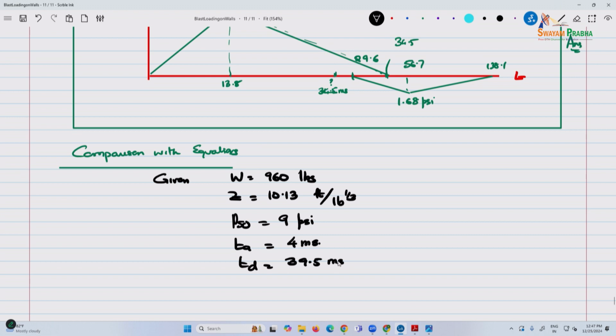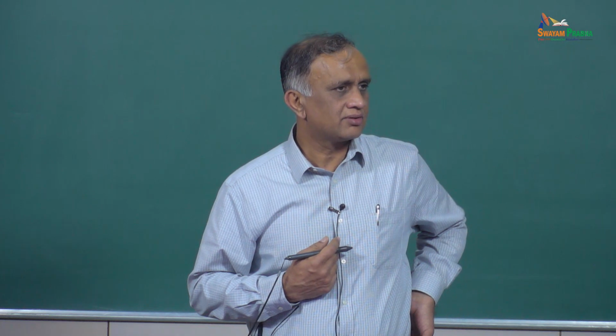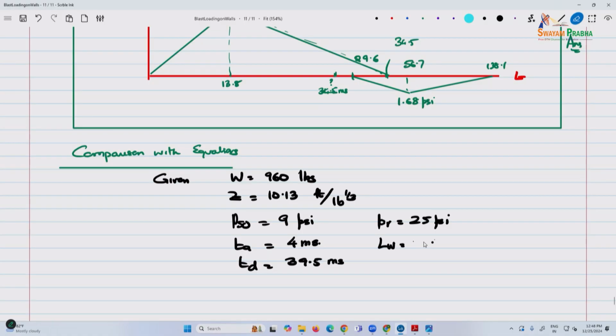Then PR was 25 psi. LW was 23.7 or 237, I don't know. 27.6 LW blast for the first set, not the one for the back wall, for the front. 7.